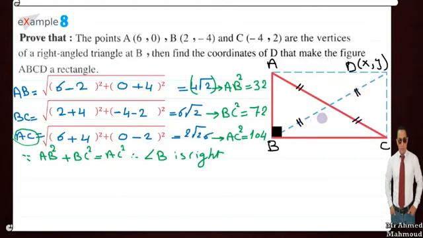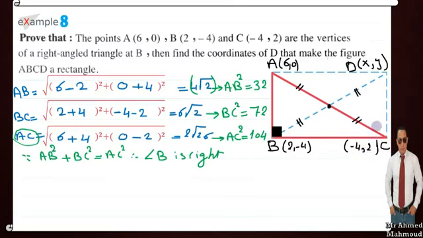Okay. Now, as we studied before, the diagonals of a rectangle bisect each other and they are equal in length. Now, to find D, I can't find D directly. So I will find the midpoint of AC, and then from B and the midpoint I will find D. Here A equals (6, 0), B equals (2, negative 4), C equals (negative 4, 2).